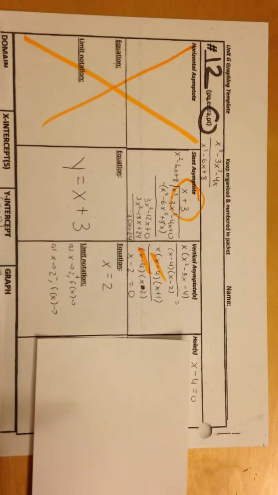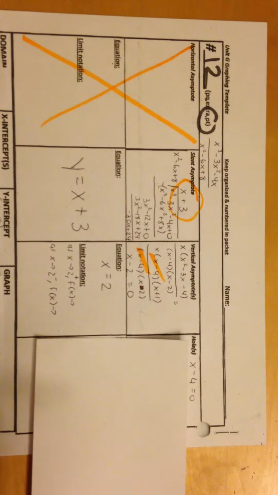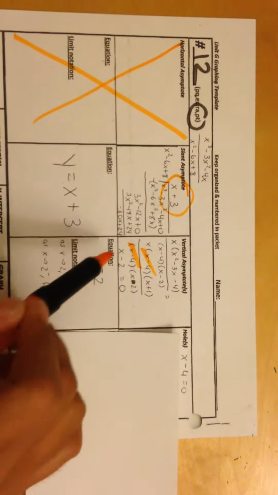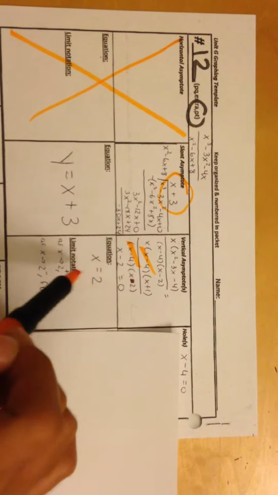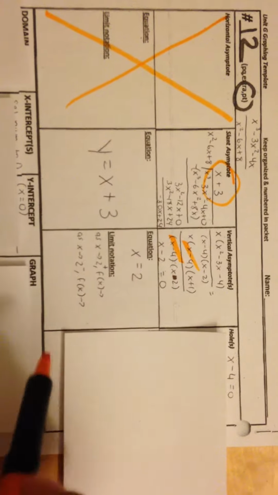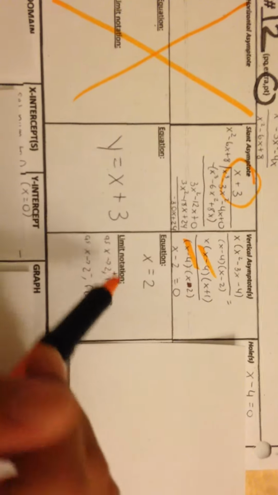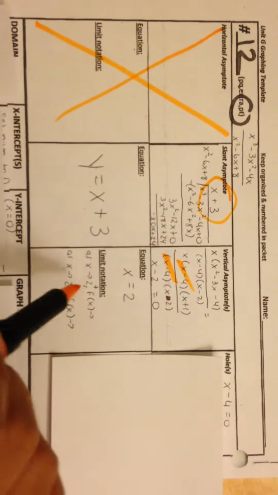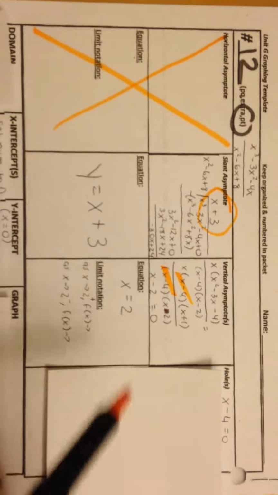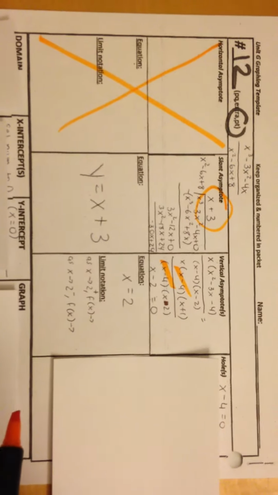And to find our vertical asymptote, we set our denominator to 0. So x minus 2 equals 0, and when we simplify that, it's x equals 2. Now to find the limit notation, we write: as x approaches 2 from the right, hence this positive sign, f of x goes, and we'll find that out later.